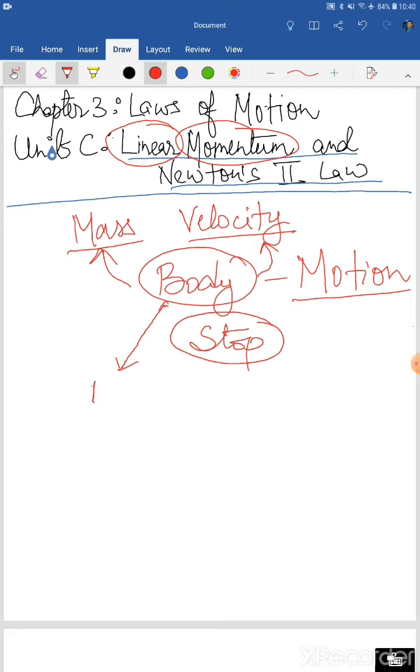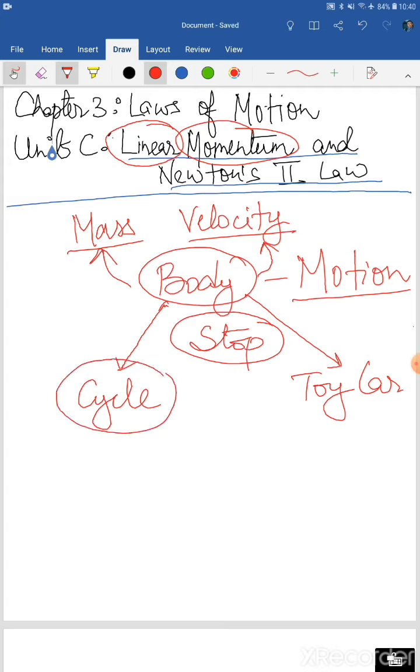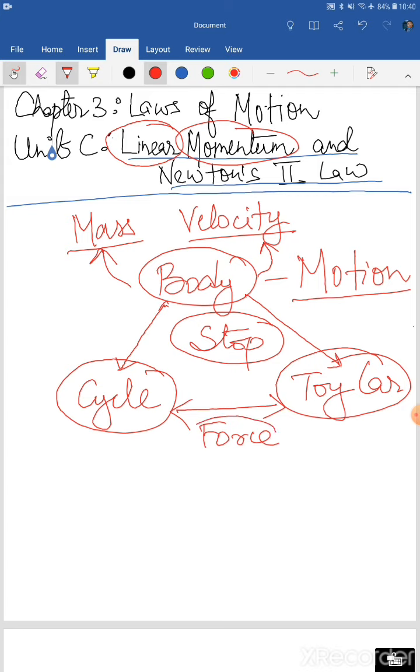I guess these two examples will be much more practical. So you are trying to stop the cycle which is in motion as well as a toy car which is in motion. Now to stop them, what do you need? You need to apply some force. To stop this moving body, you must apply some force. Are you getting my point?